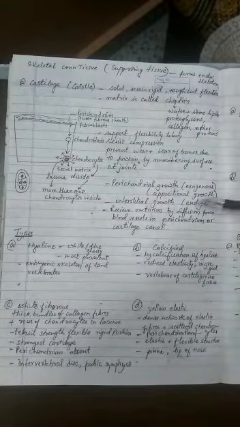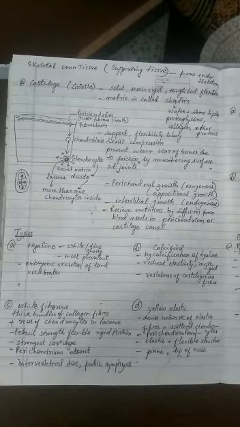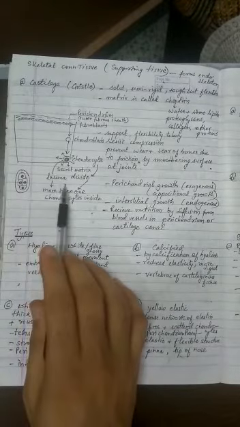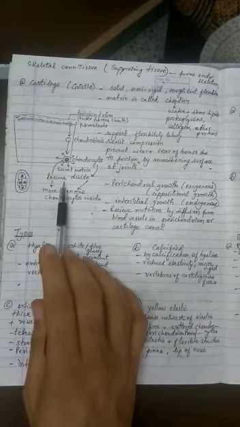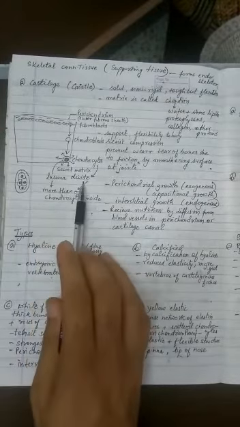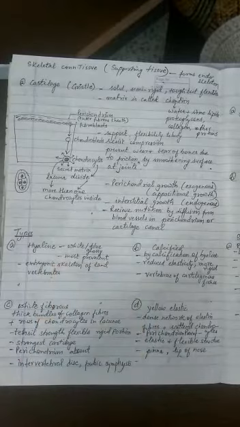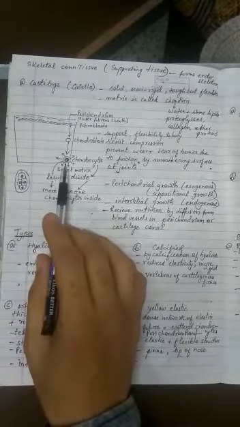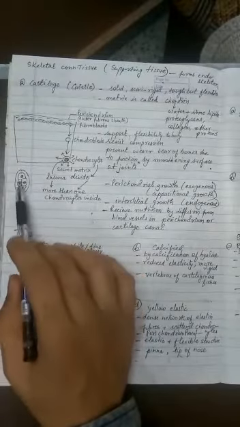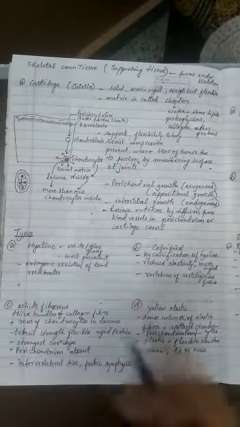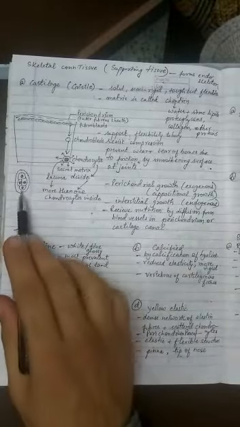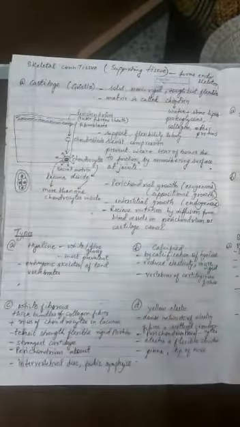That's why it is called endogenous growth. Next, this cell will develop a cavity around itself. That cavity is called a lacuna. Inside this lacuna, the chondrocyte is going to divide to form more than one cell inside each lacuna. So in each cavity, in the beginning it is just one cell, which divides to give rise to 2 cells, 3 cells, 4 cells, etc. So this growth is called endogenous growth.